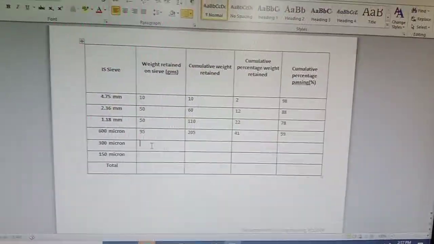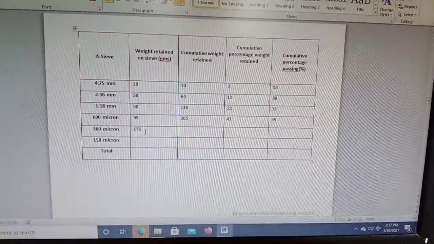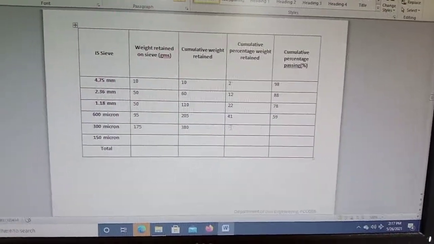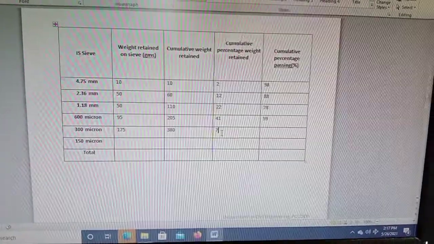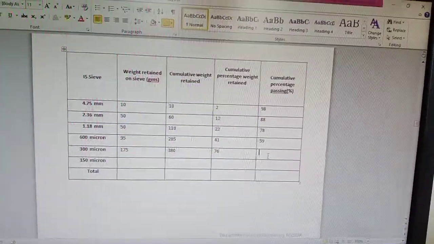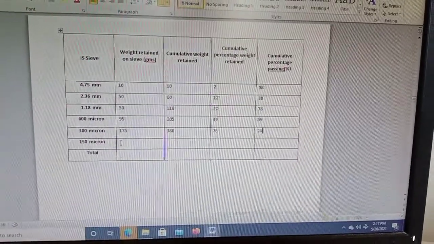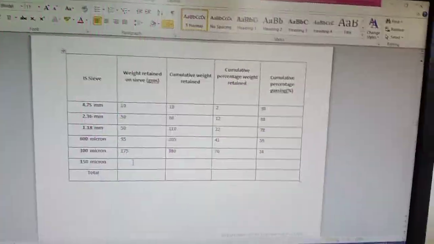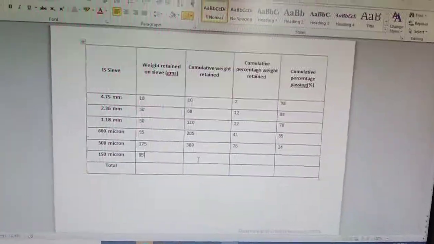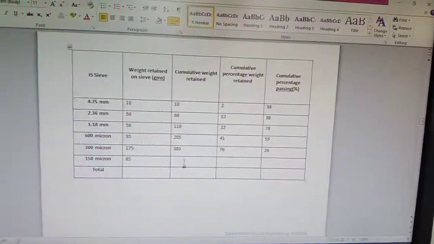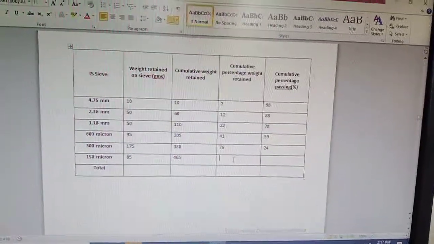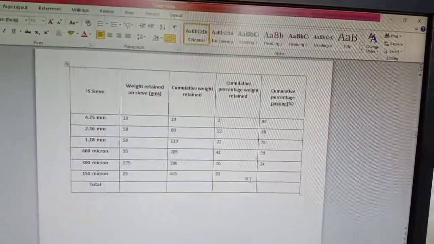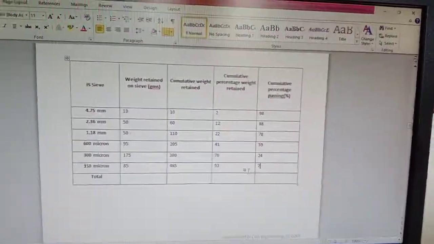Then on 300 micron it is 175 grams. So here it is again 380. So here it will come 76, and here 24. On 150 micron we received 85 grams. Now it becomes 465. Here it will become 93, and here 7.